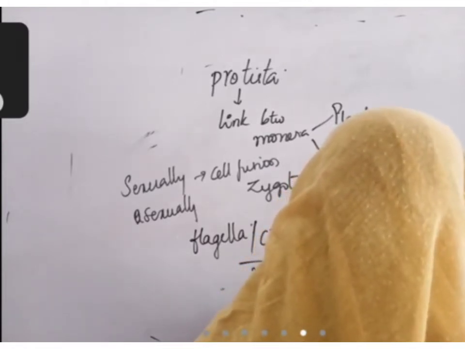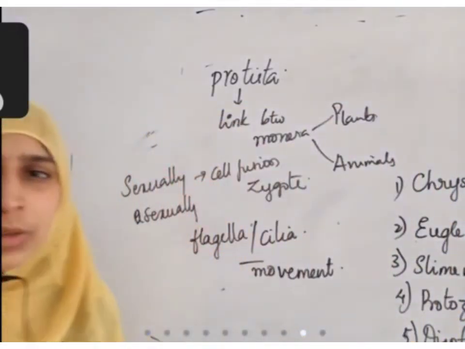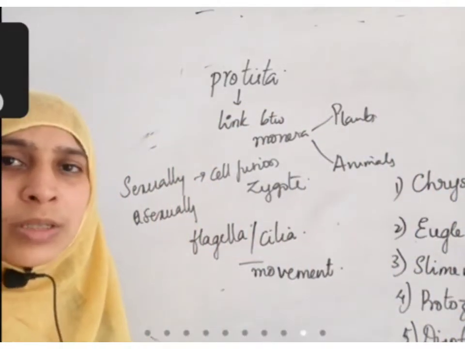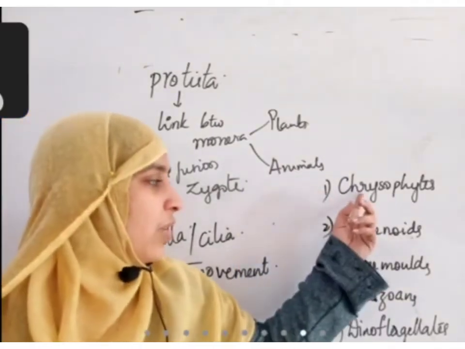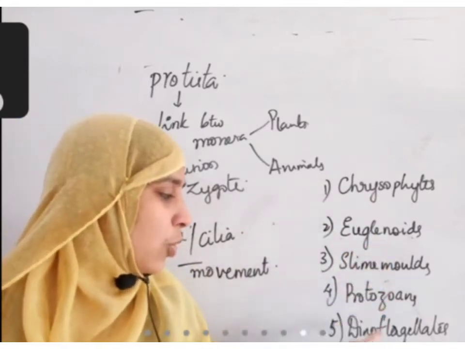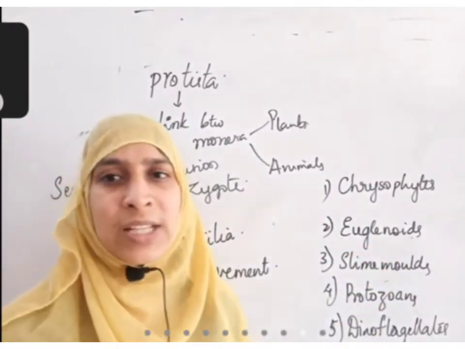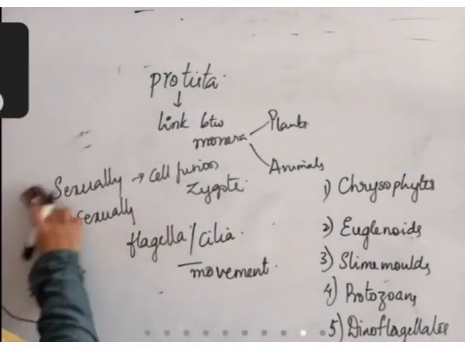So these five, the protista is classified into. It's not visible, one minute. Now you can see, okay? Chrysophytes, Euglenoids, slime molds, protozoans, and Dinoflagellates. This is the subclassification of protista. One by one we'll discuss.